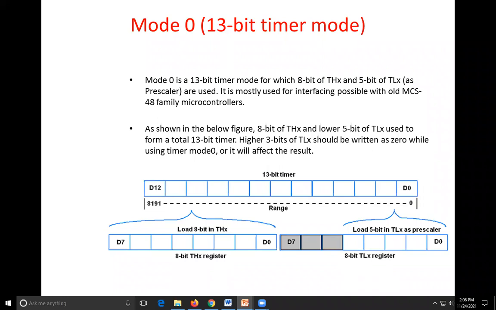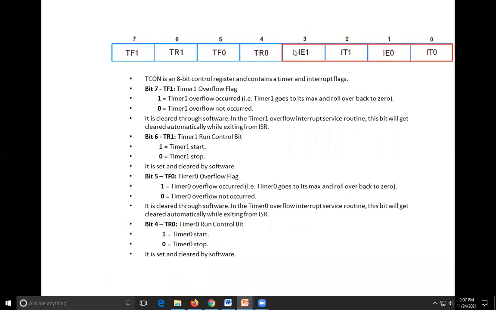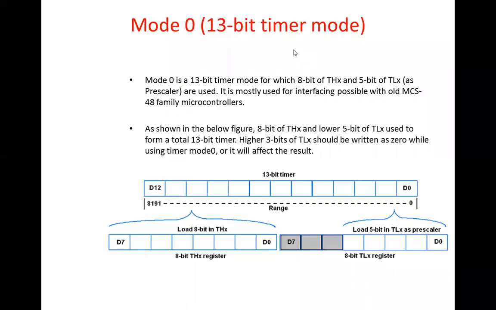Roll number 2, 7, 11, 13, 15, 16, 18, 21, 23, 37. So did we discuss timer mode 0 in the last lecture? Hello. Okay, I think not discussed.